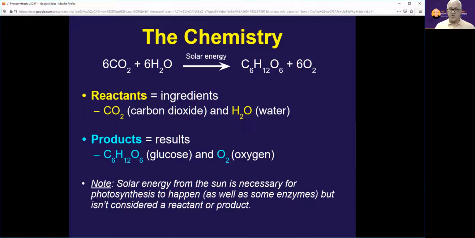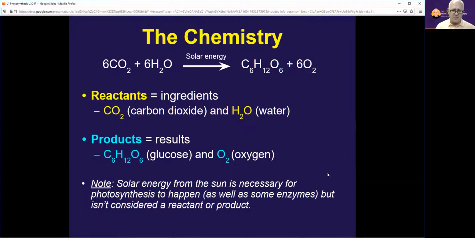You add the solar energy, and then it converts that through a chemical reaction to the glucose, which is a product, C6H12O6, and the oxygen.